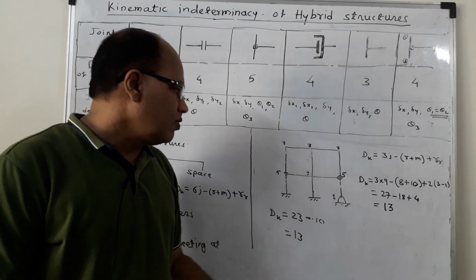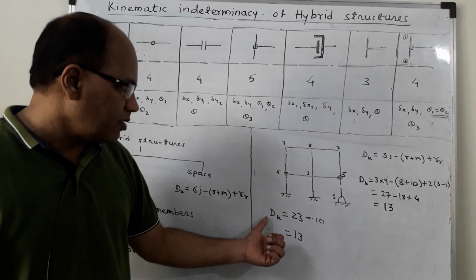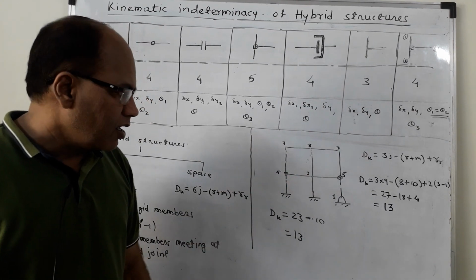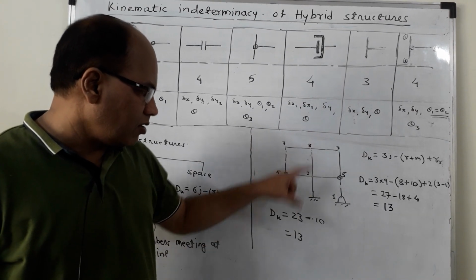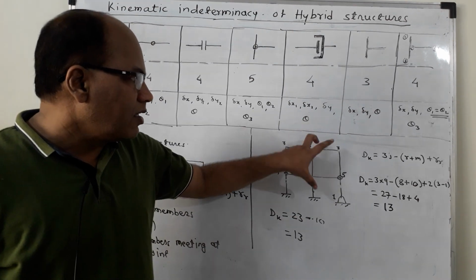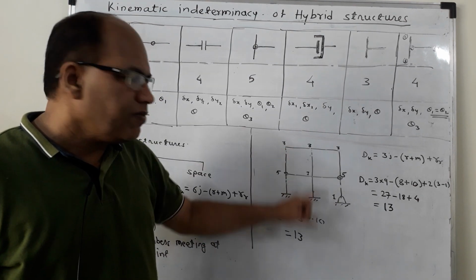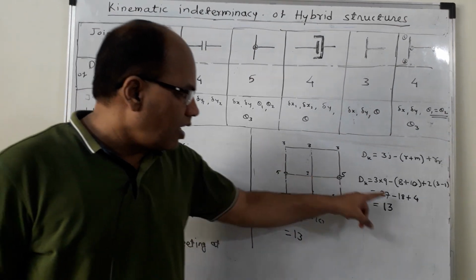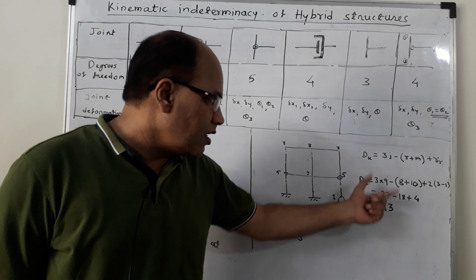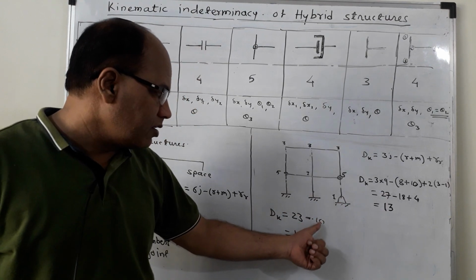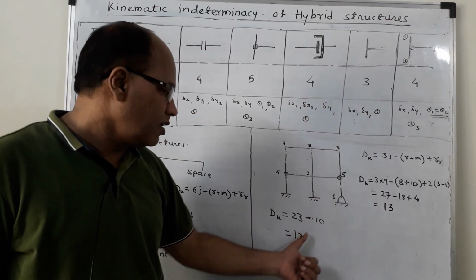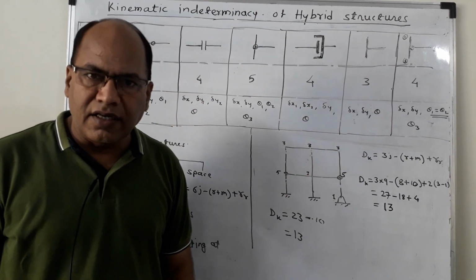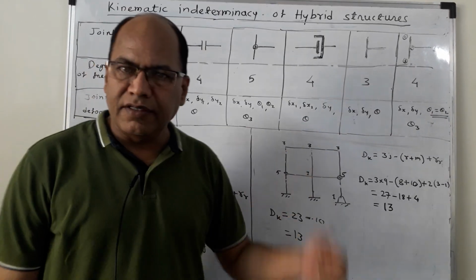So 23 gives us the degree of kinematic indeterminacy if the members are extensible. But here, as I have considered the members as inextensible, I have to deduct the number of rigid members from it, and dk is equal to 13. So this is how you can get dk in case of hybrid structures.